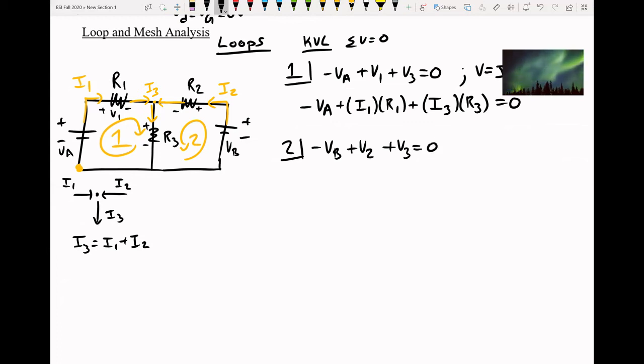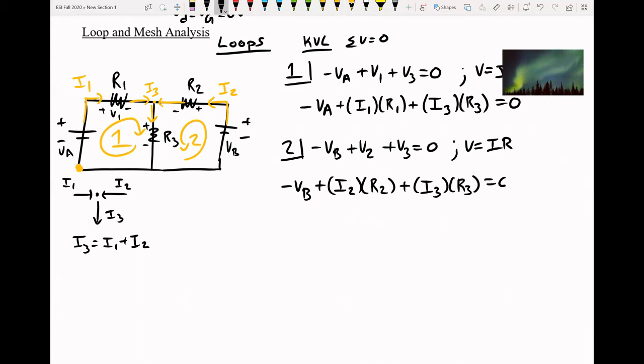And then just as before, we'll replace the V's equal to IR, so negative VB plus I2 times R2 plus I3 times R3, and that'll be equal to 0. I2 and R2 is because the R2 resistor has I2 running through it, and then I3 for the R3 resistor is because we have I3 running through it.